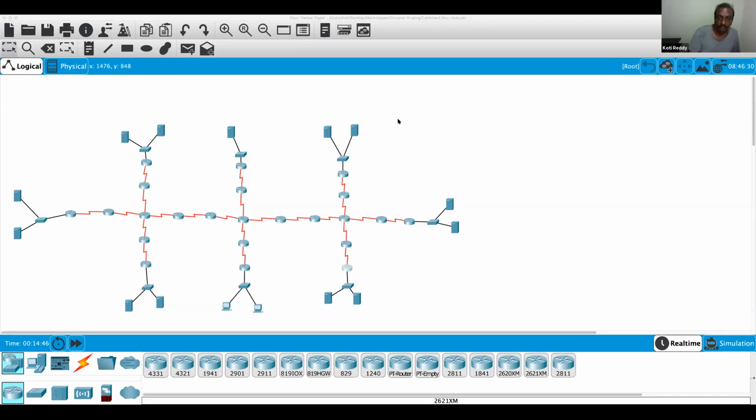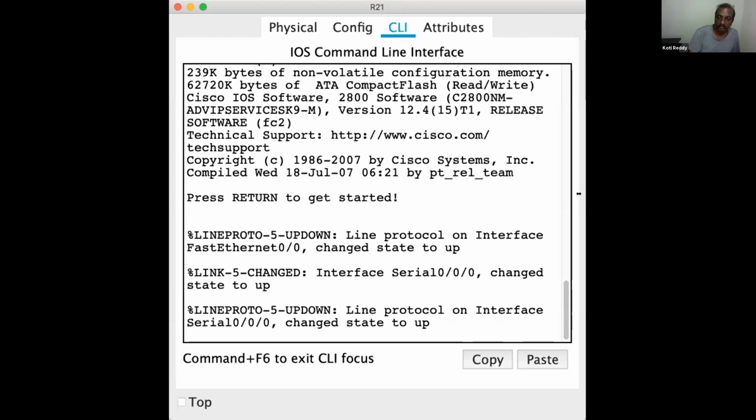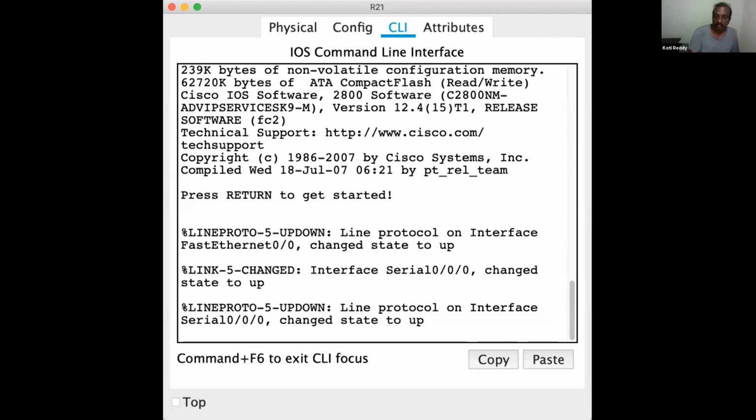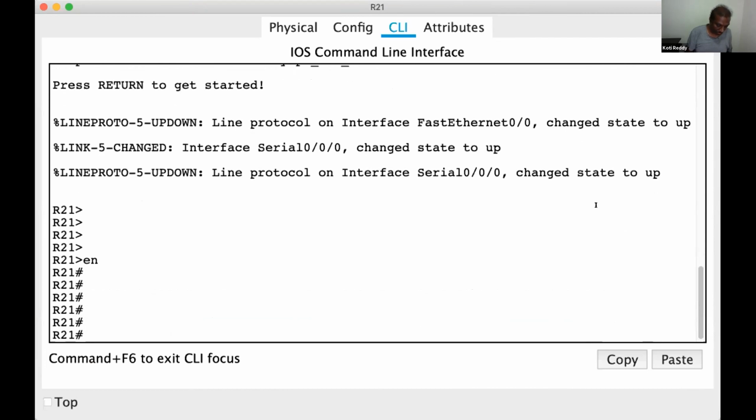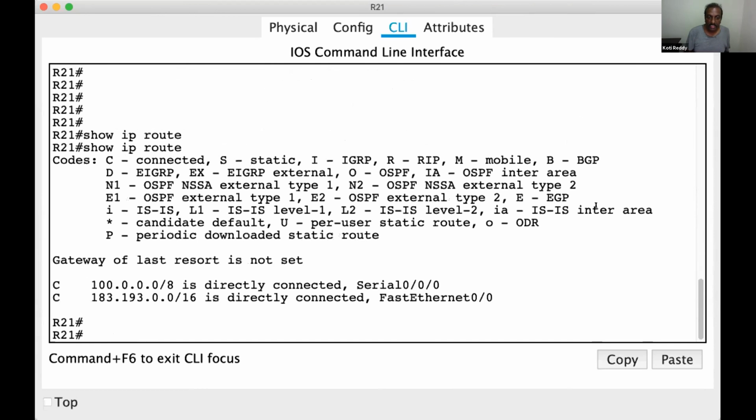So I go to R21. In R21, I say enable. I say show IP route. These two are directly connected network IDs.